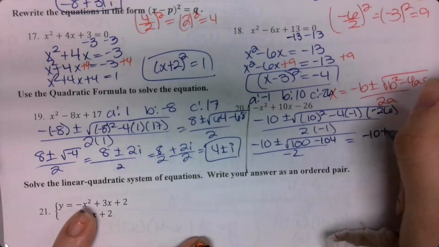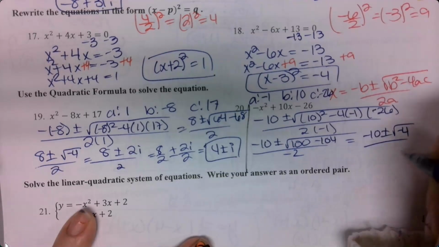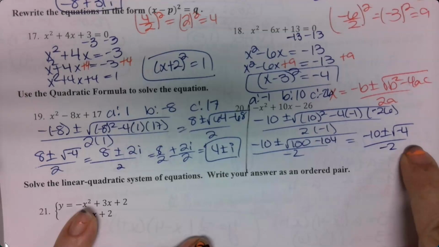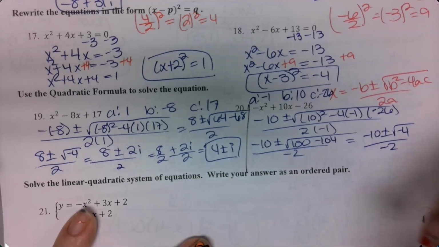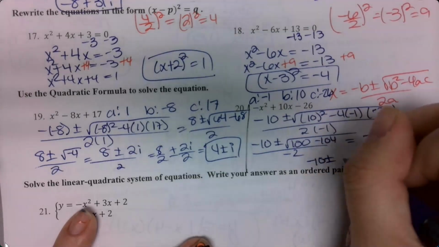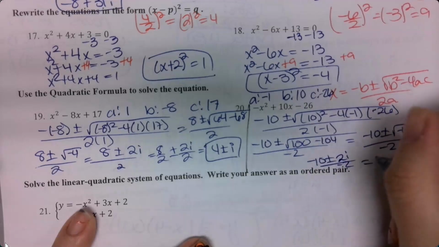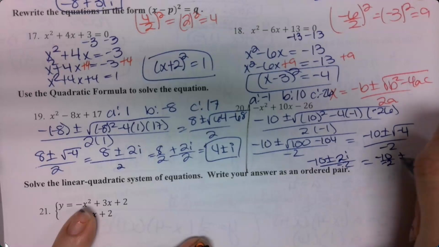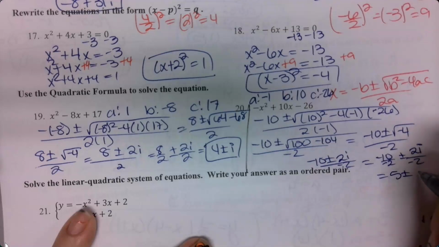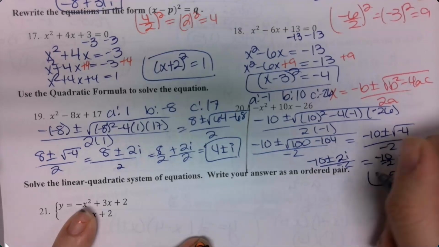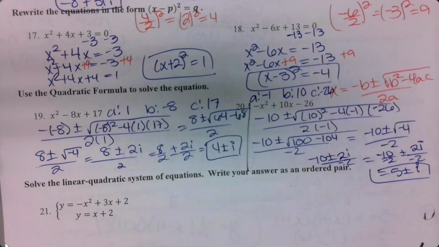That is negative 10 plus or minus the square root of negative 4 again over negative 2. This is going to turn into 2i over negative 2. I split this into two fractions. That is going to give me 5 plus or minus i, because the negative 2, when I divide the positive one, it'll turn it negative, and when I divide the negative one, it'll turn it positive.